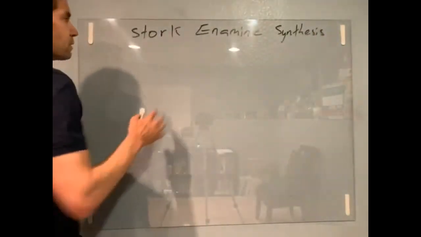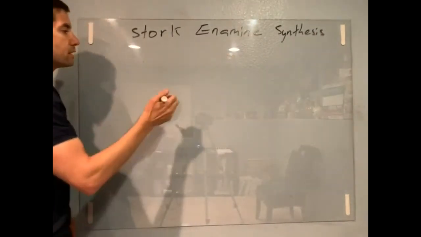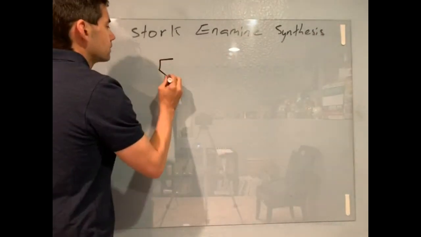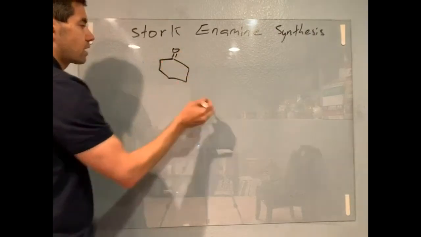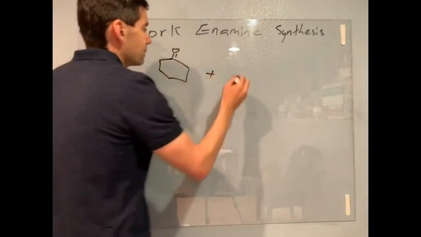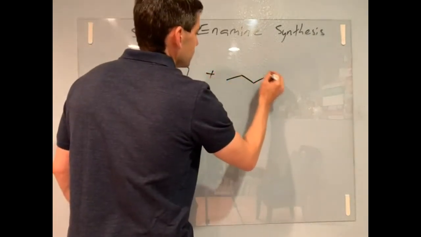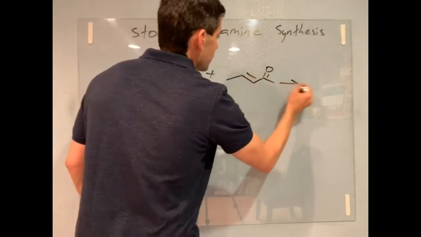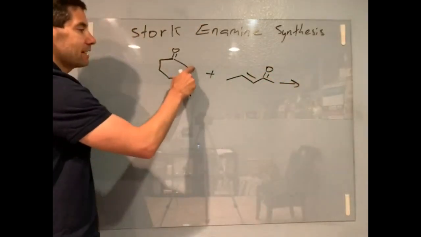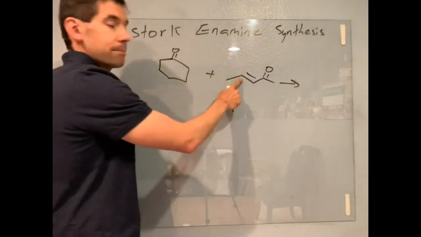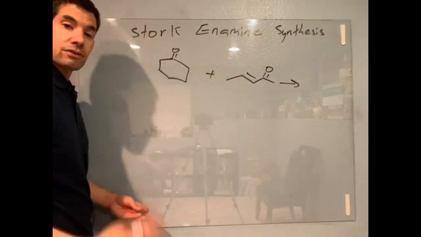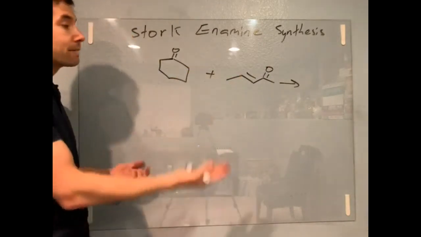Now, the reason we want to use this type of mechanism is if, say, we have a carbonyl. We have lots of carbonyls, right? And let's say I have this alpha-beta unsaturated carbonyl, and I want to add to it. I want to make an enolate here, and I want to add to that beta position there. Because we did it so many times with the Michael addition, I want to take this enolate and do the same thing.